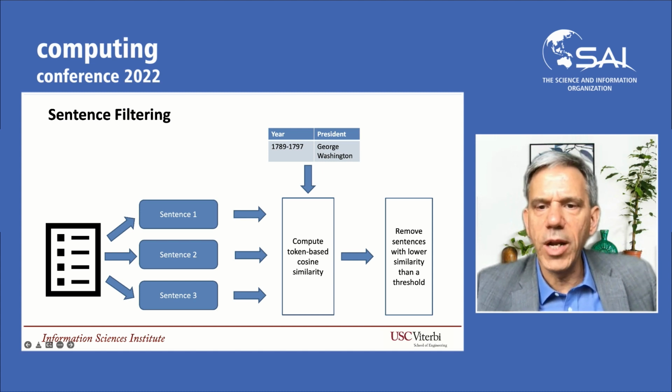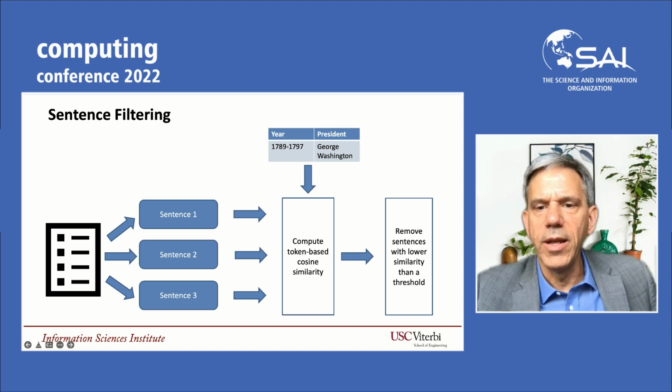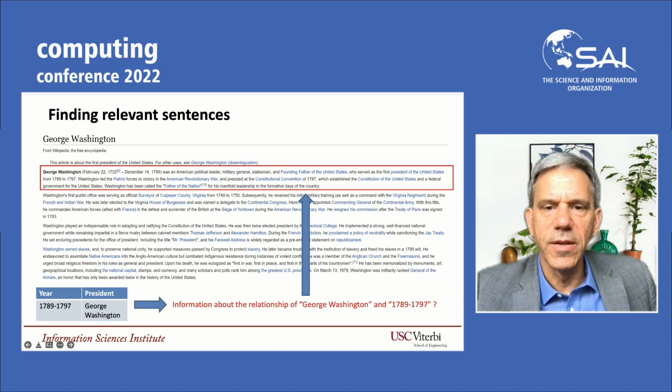Then we run a token-based cosine similarity, which is essentially looking at the set of words in each of these documents, building a vector out of those, and comparing for each sentence how close it is to the corresponding words that are in the table that we're trying to verify. We give a score for every single sentence and then keep only the sentences that have a high similarity. So that's how we generate the sentences.